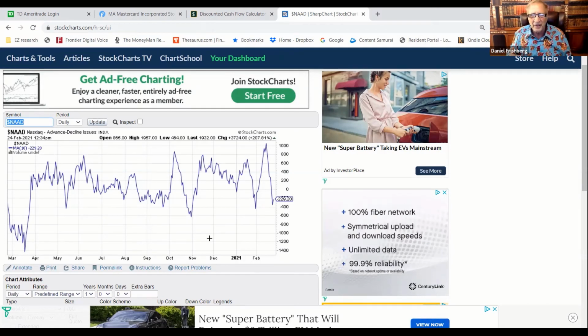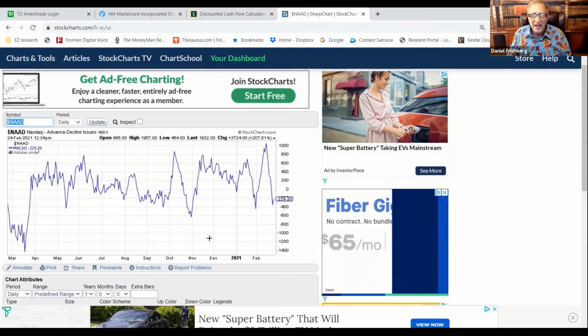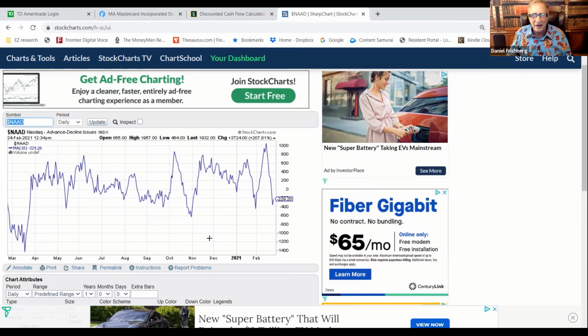There's also this girl, Kathy Wood, who has got an exchange traded fund, and suddenly she's become a rock star. I used to be talking about what Motley Fool is doing and say, keep away from them. Now it's Kathy Wood. And now suddenly everybody wants to follow Kathy Wood.